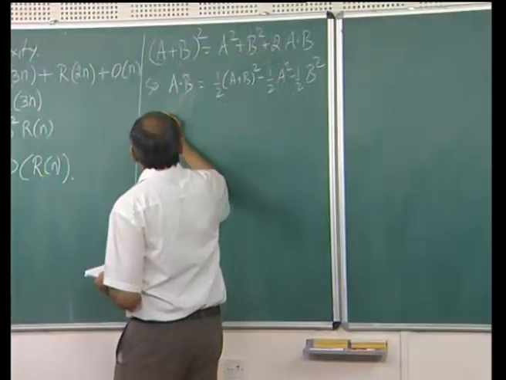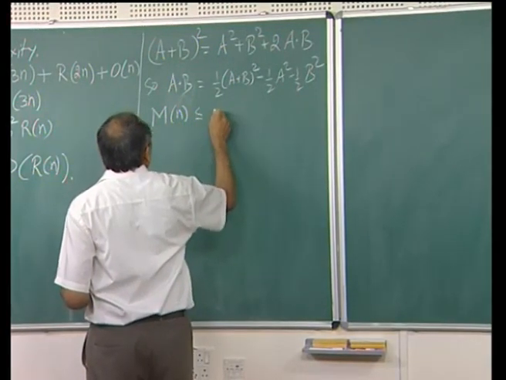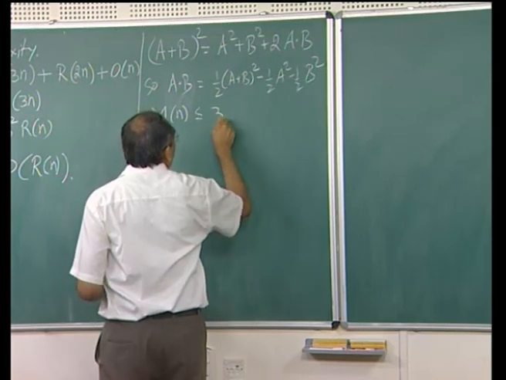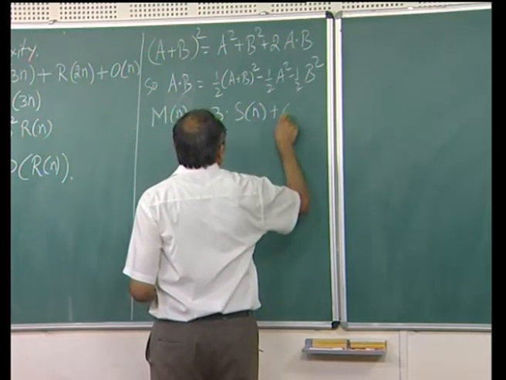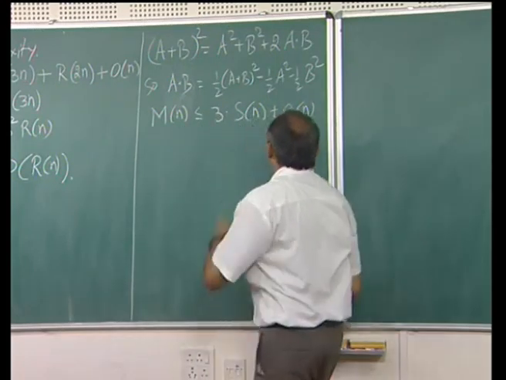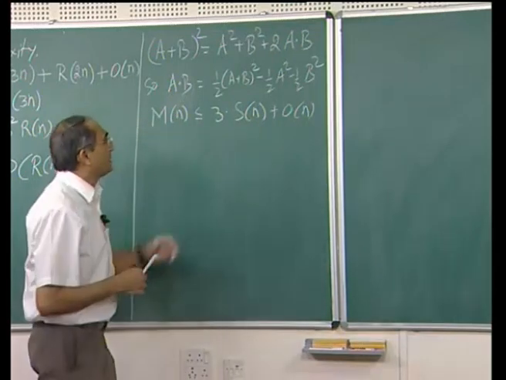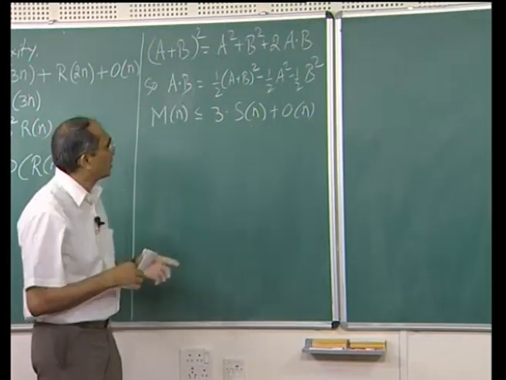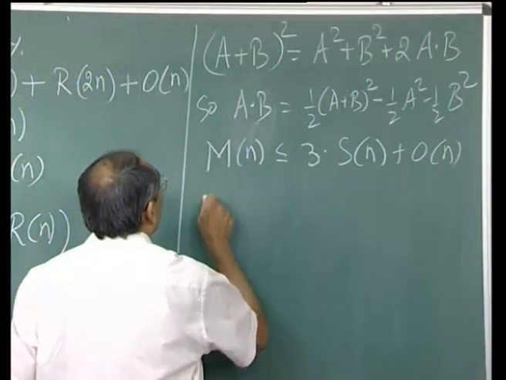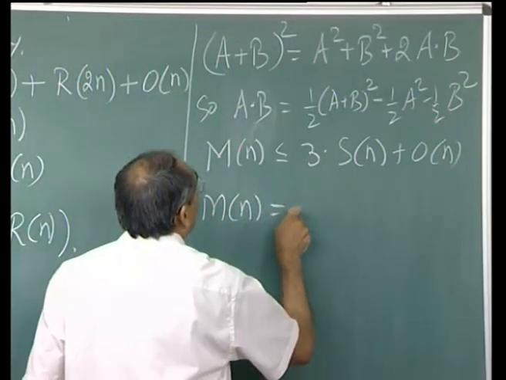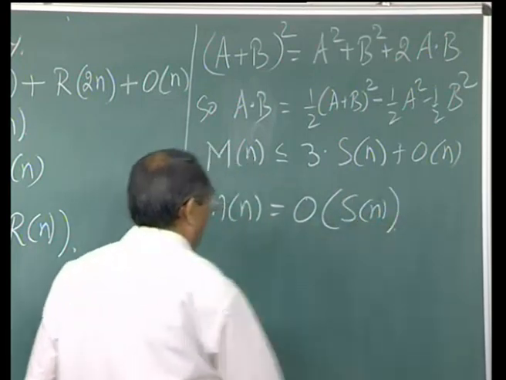So this simply shows that M of n is less than equal to some 3 times Sn plus some linear operations, adding and so on and so forth. But again, you know, this is at least linear. So I can absorb this inside this and I have M of n as bounded by Sn.